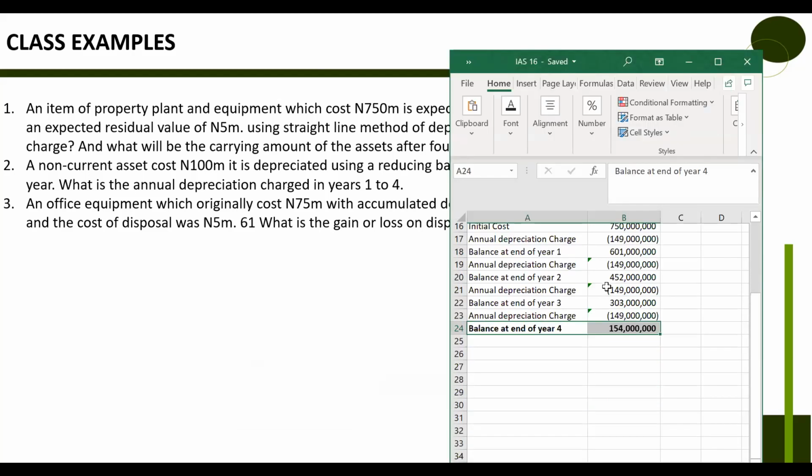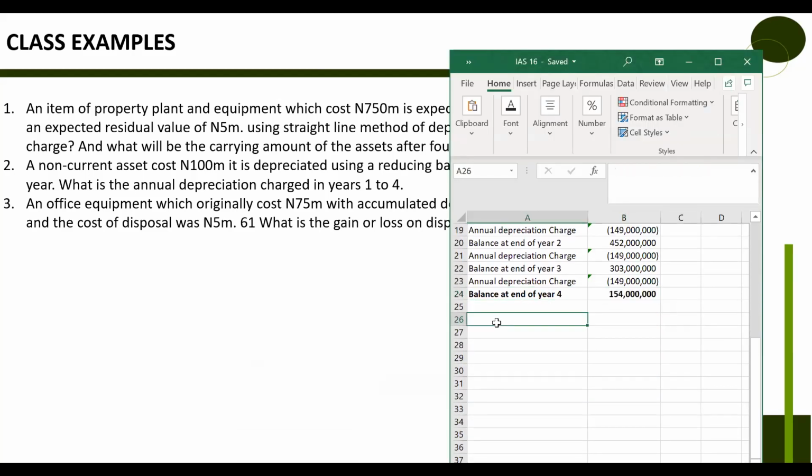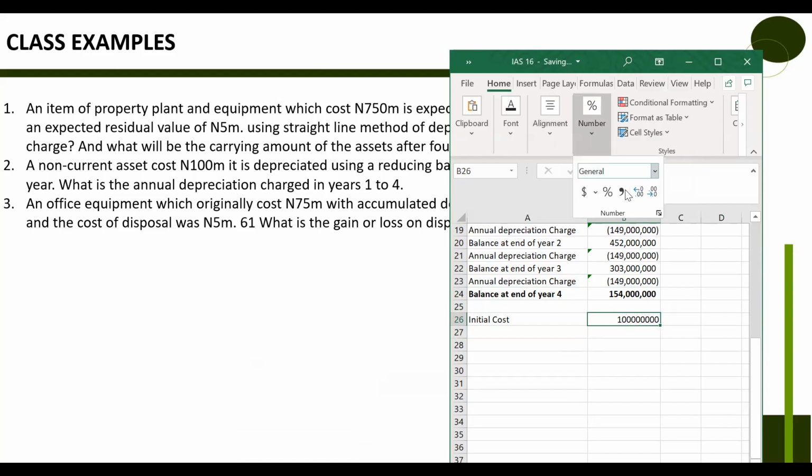Let's just write the information out like we did the other time. A non-current asset costs what? Initial cost, 100 million. Once you do it this way, you'll be able to factor many things that may go wrong. Once you write out your details, this is what I advise, especially if it is OBJ, you can quickly use your calculator and move on straight away. But what is the rate?